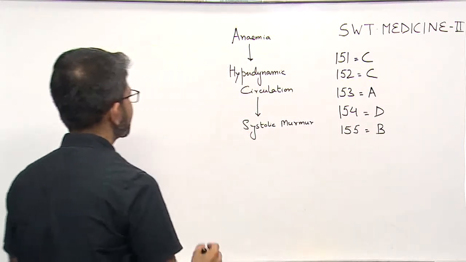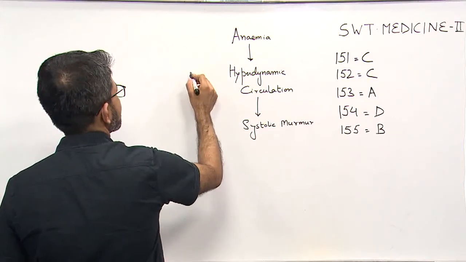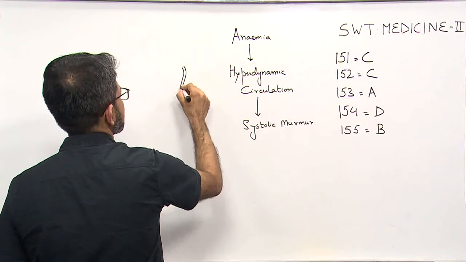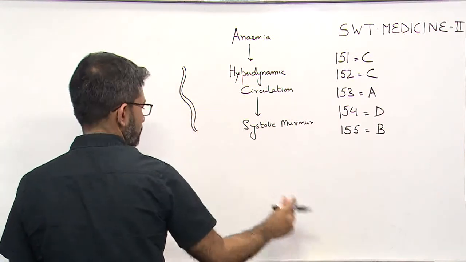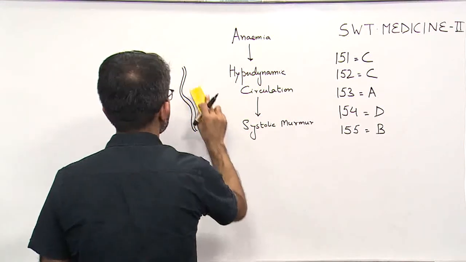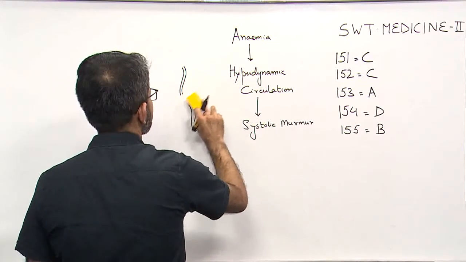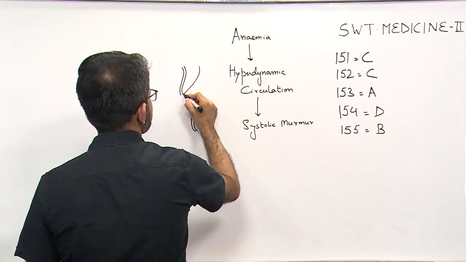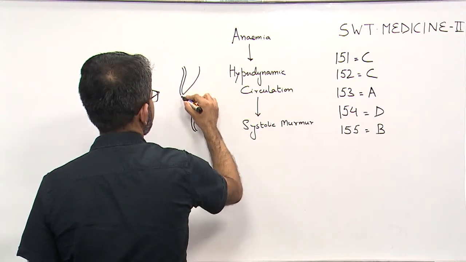What happens in a blind loop? You have an intestine, right, like this. Because of something, the proximal part of the intestine is connected to the distal part.